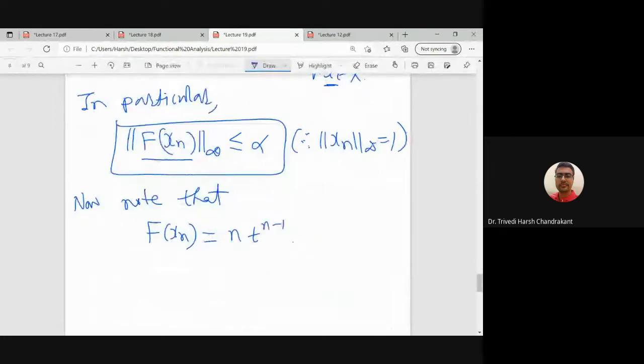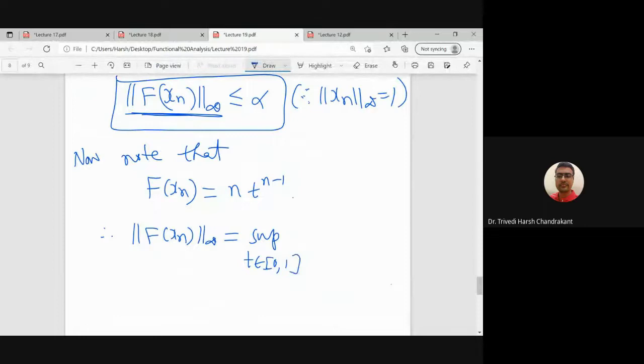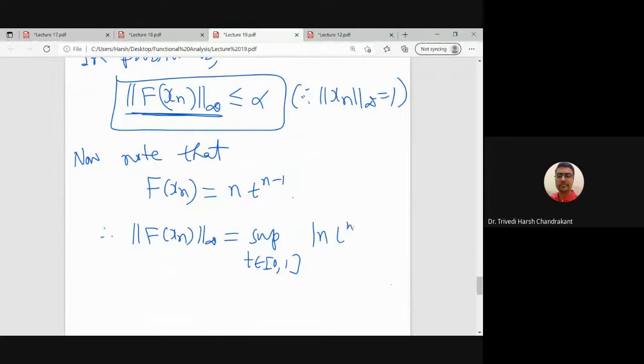So now we know f xn, so we can find its supremum norm. Therefore, sup norm of f xn is basically the supremum over the domain of the function, which is [0, 1], and we need to take the modulus value of the function f xn. So that is n t power n minus 1.